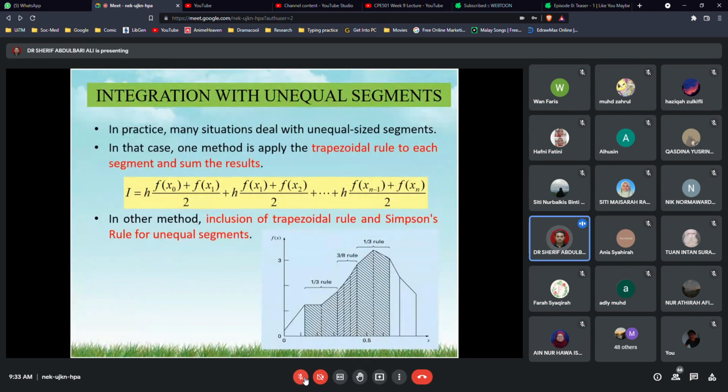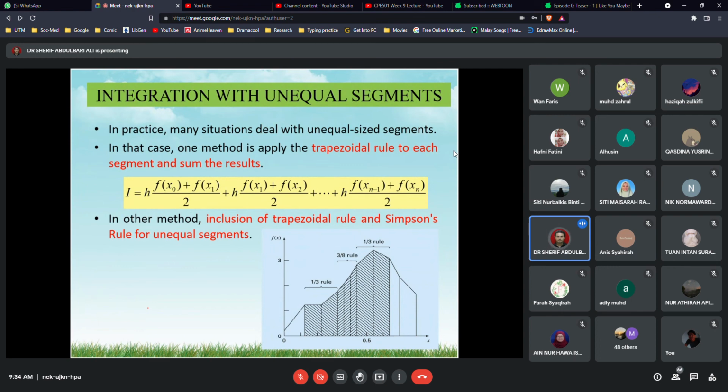So a question will ask you to combine all the methods that you had learned, which are the 1/3, 3/8, and trapezoidal, to calculate the integration for unequal segments. So this means the step size is not exactly the same.